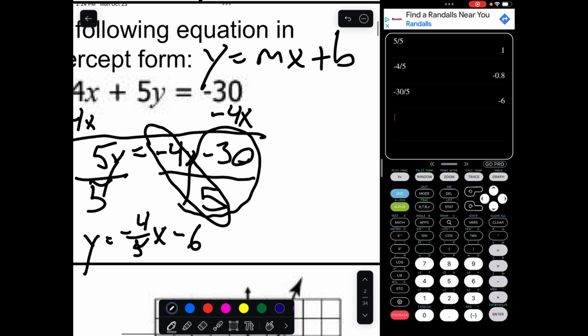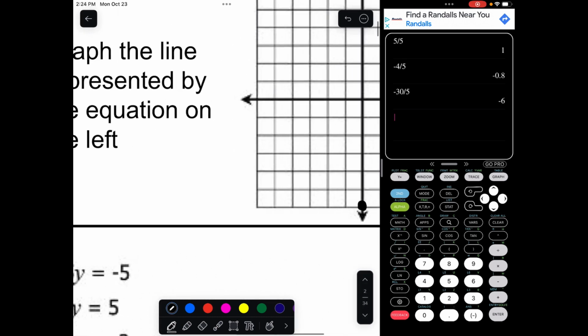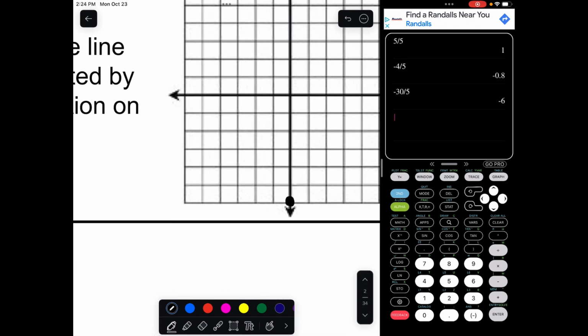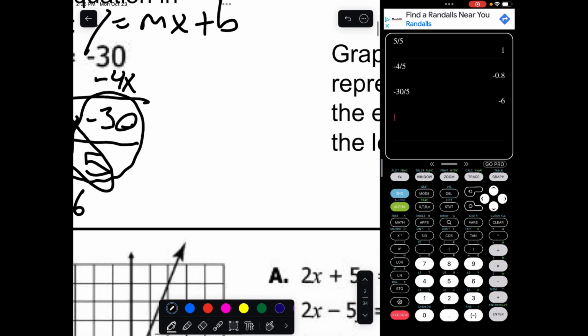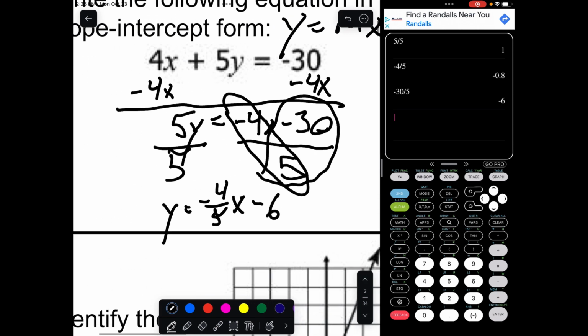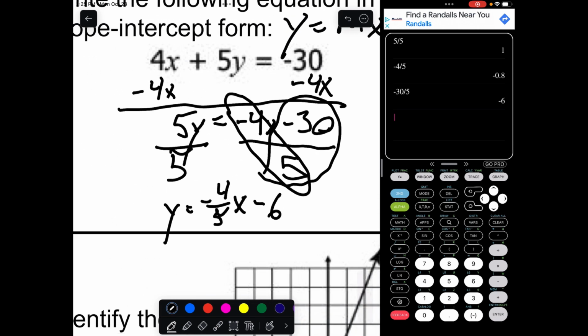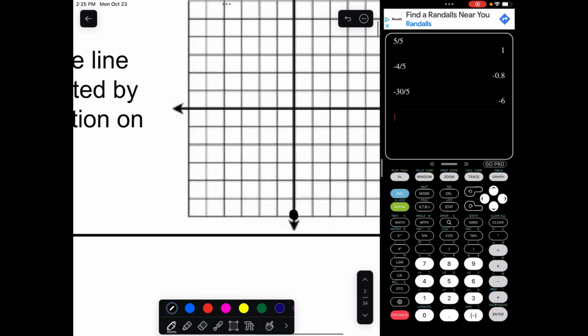Now I look at my slope. My slope says I should be going down 4 and to the right 5. Because slope is rise over run, I have negative 4 over 5. I don't have room to go down 4 on my graph. So I can do the opposite of what this says. Instead of down 4 and to the right 5, I can go up 4 and to the left 5.